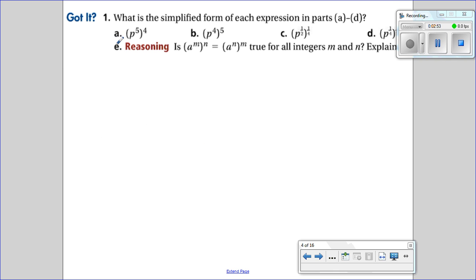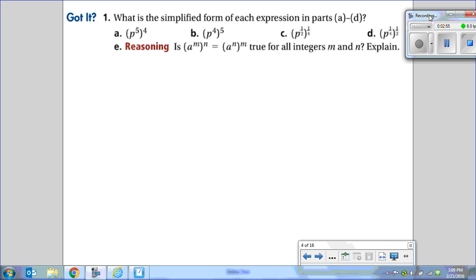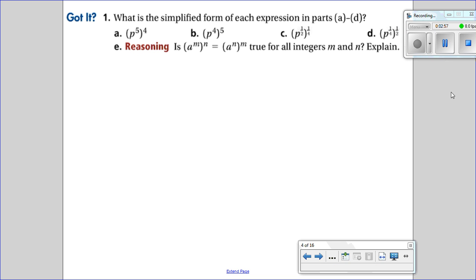All right, go ahead, pause your video, and try a few of these on your own. First one, A, would be p to the 20th. Second one, part B, 4 times 5 is also the 20th.